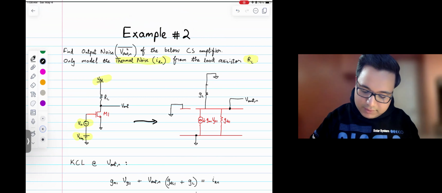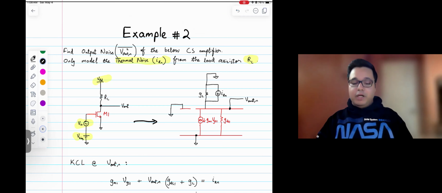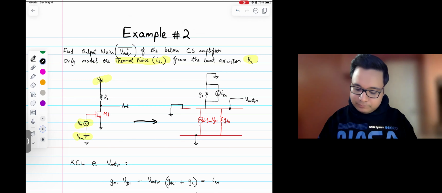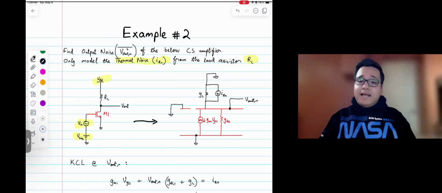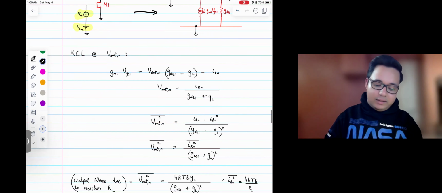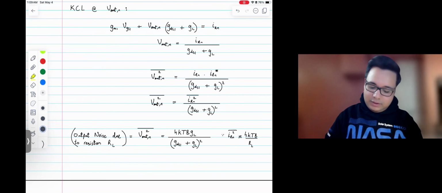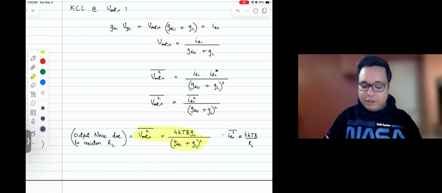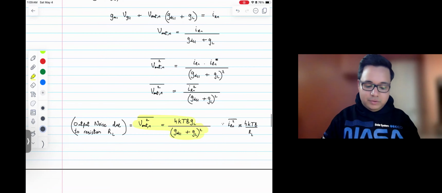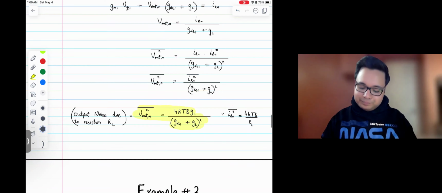In this case, it's the thermal noise of the resistor RL, and it's represented by IRN. And then the exact same procedure as we did in example 1, we do a KCL and then we write an equation, and within 2 or 3 steps, you will come to this final expression, which is output noise due to the resistor RL. Okay.